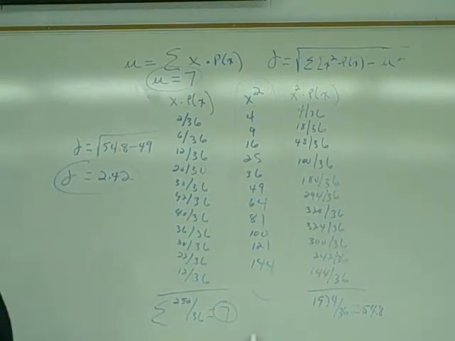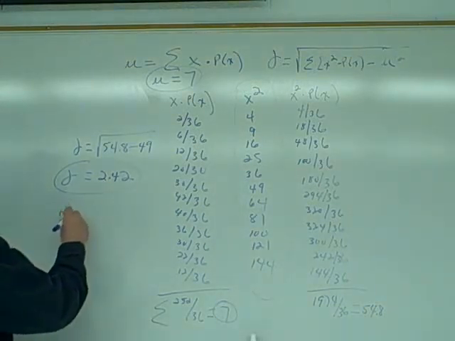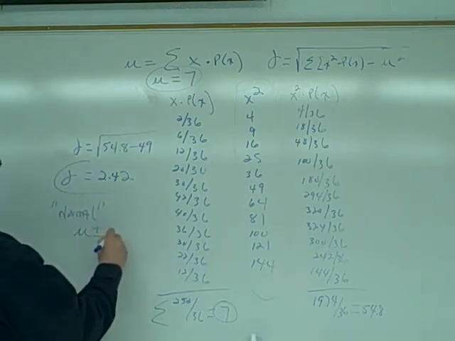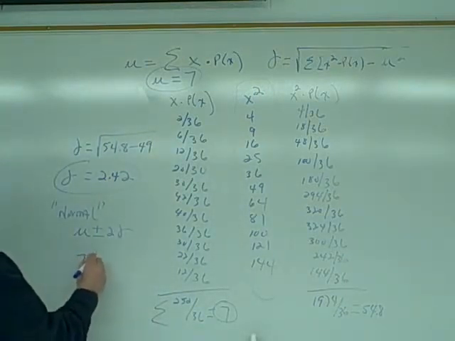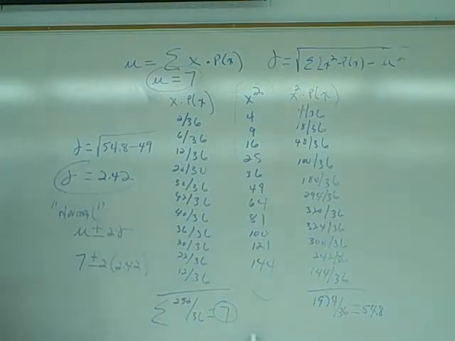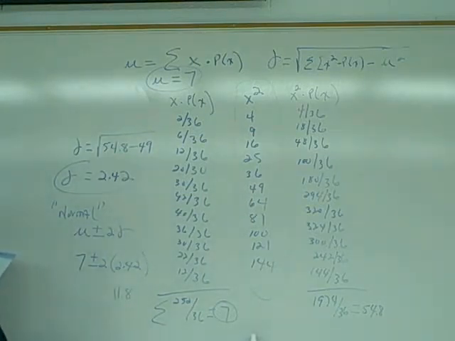What we want to do with that, okay, we remember that normal is defined as the mean plus and minus 2 standard deviations. So in this case, the mean is 7 plus and minus 2 times the standard deviation of 2.42, which is going to give me a top end of 11.8 and a bottom end of 2.2.